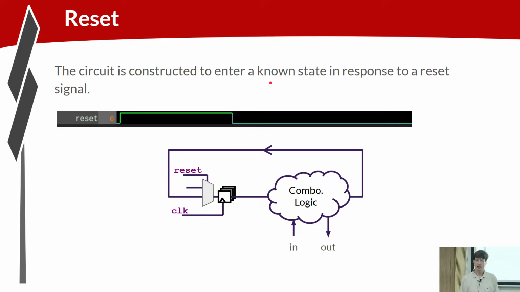Any sequential logic, it's important that we can bring that logic up in a predictable way. So we need to be able to turn on the circuit and get to a known state. That's the purpose of reset. Reset is generally following a protocol that it's going to be asserted for some minimal number of cycles and then deasserted.